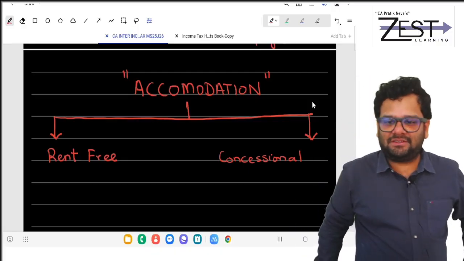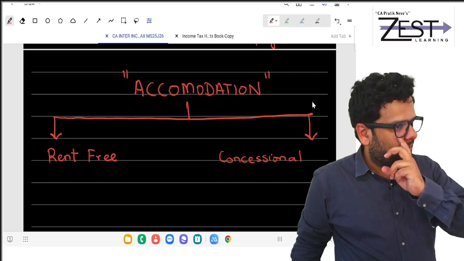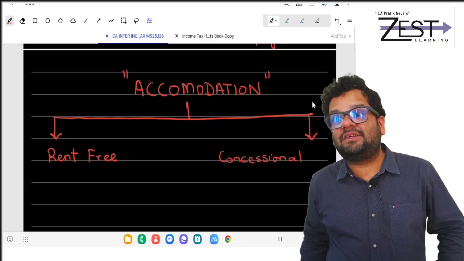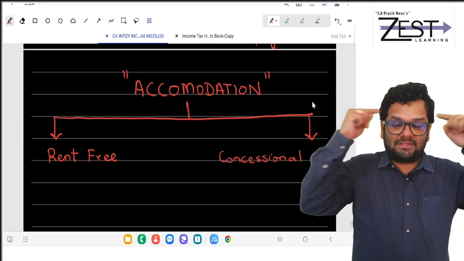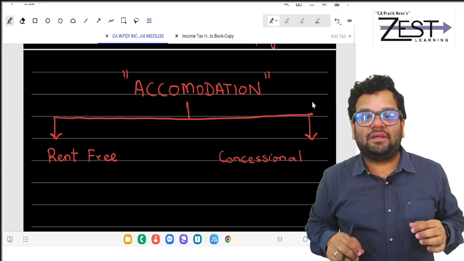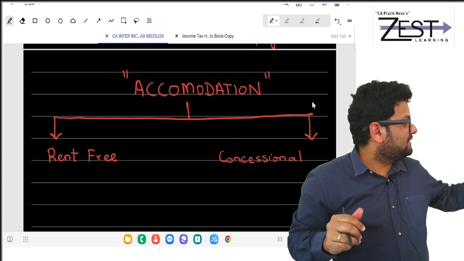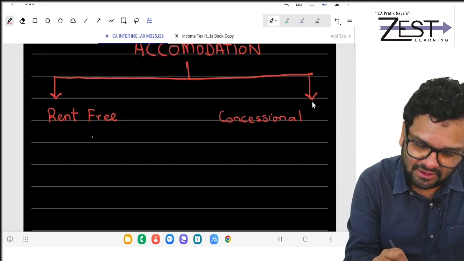So employer says take the house, enjoy, don't pay me any rent. So whatever we are thinking is from whose perspective? Employee. So employee is getting accommodation rent free, or employee is asked to pay some small amount of rent, that is concession. So it could be rent free or concessional.